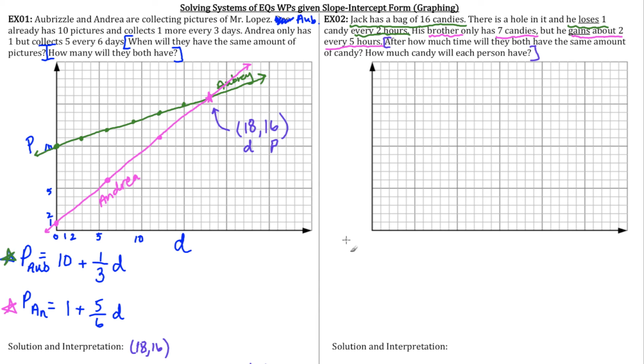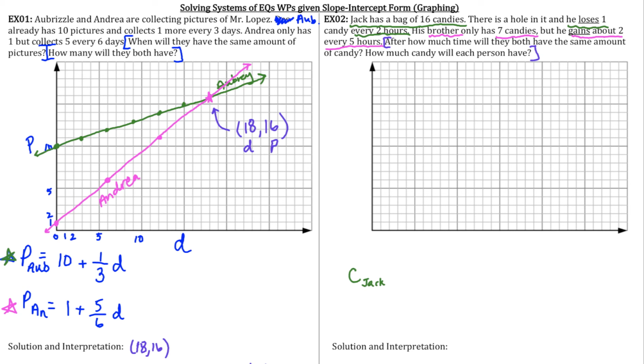So let's talk about the number of candies. Number of candies for Jack, and the number of candies for his brother.